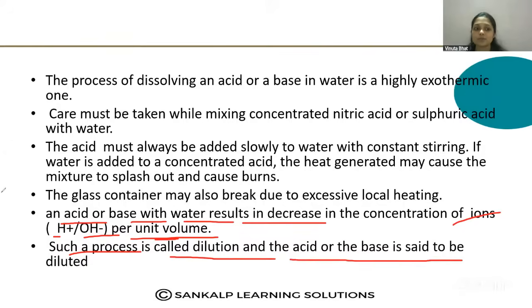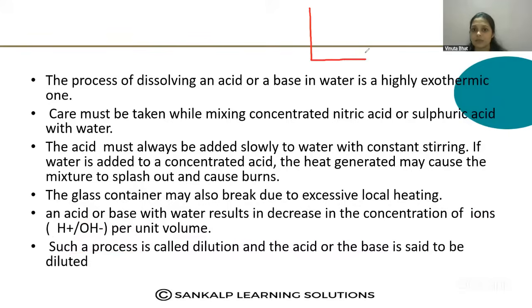So for example, this is the acid, and just imagine there are 50 H plus ions. Okay, so there are a total of 50 H plus ions. So when you add the water, the volume is 10 ml.